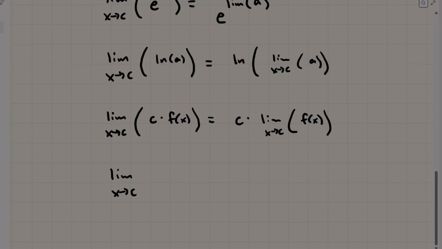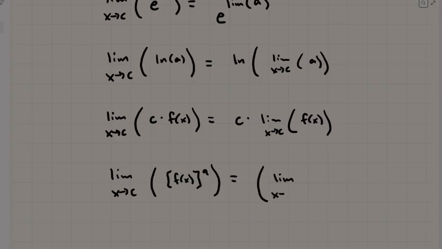If we had our whole function to the power of an exponent, then that would also equal the limit as x approaches c of our function, and then that whole thing to the exponent. So it doesn't matter in which order you do the exponent or the limit, is basically what that one is saying.